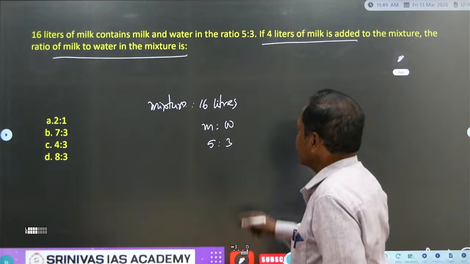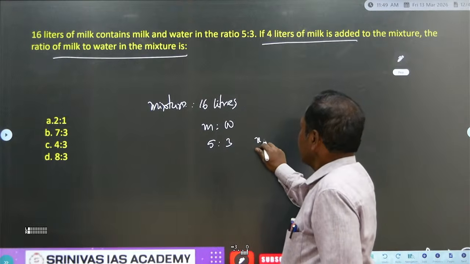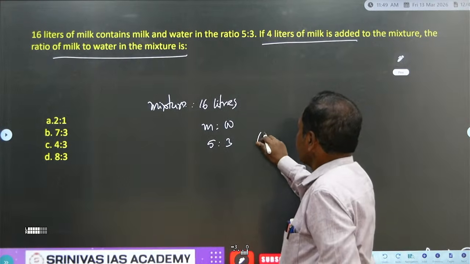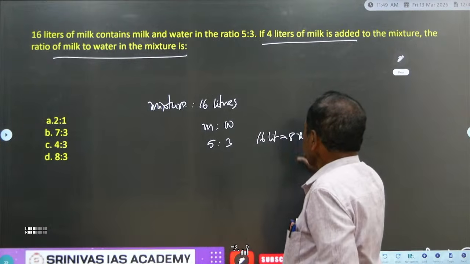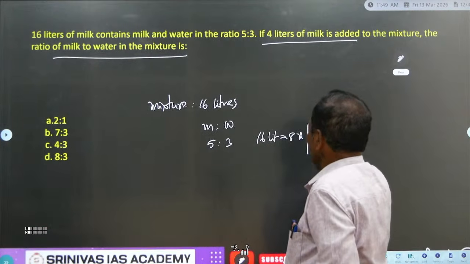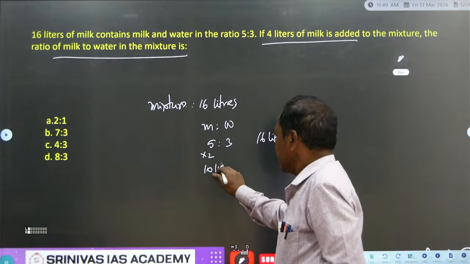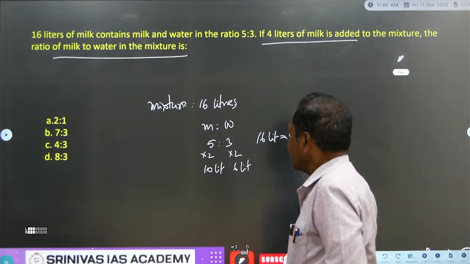The traditional method: 5:3, total 8x. 16 liters is equal to 8x, then x equals 2. 2 into 5 is 10 liters of milk, and 2 into 3 is 6 liters of water.